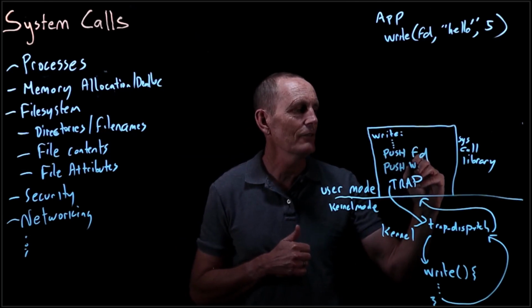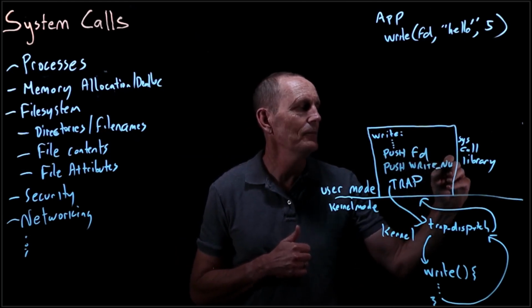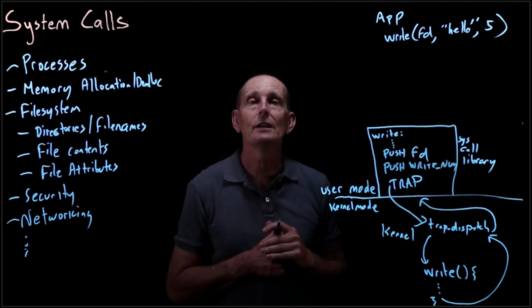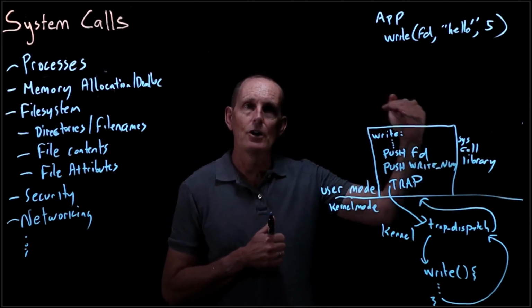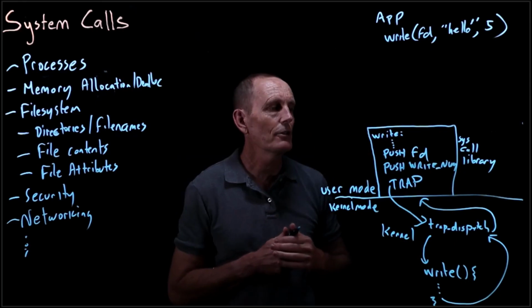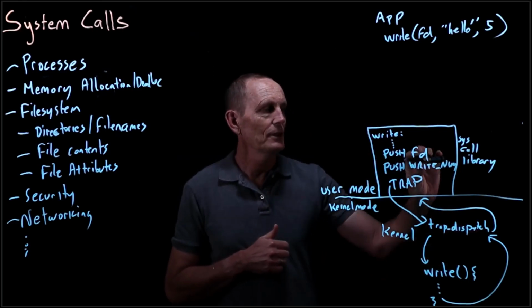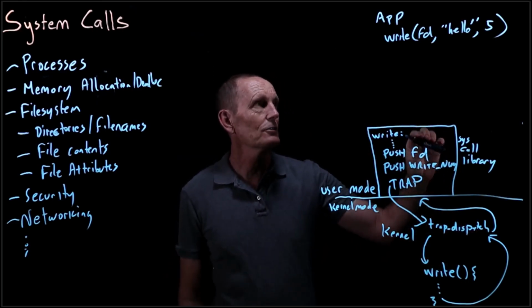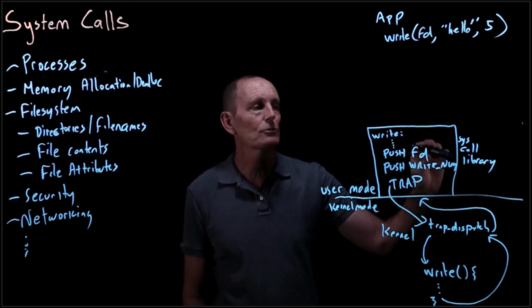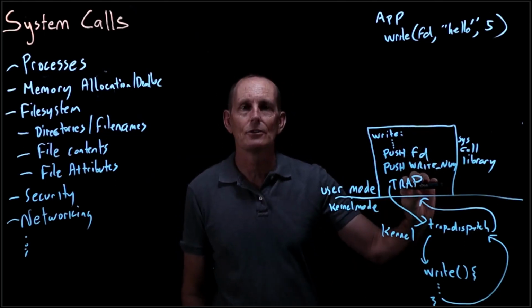This could be, let's say, a constant, write num. Every system call would then have its own unique integer value for this. So the write call pushes the 5, pushes the hello, pushes the file descriptor, pushes write num, and then goes into a trap.